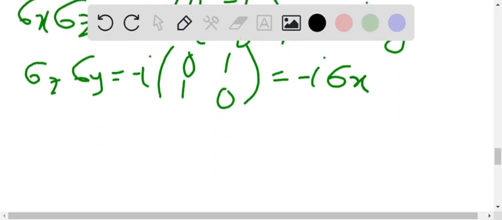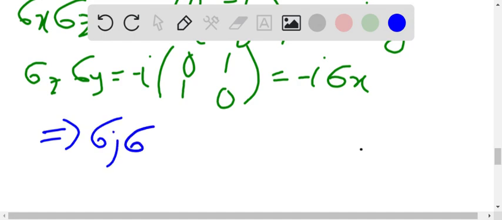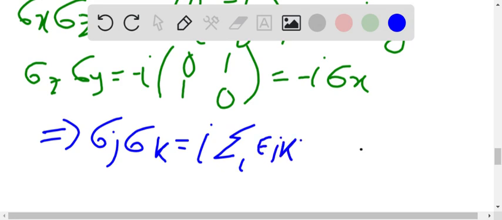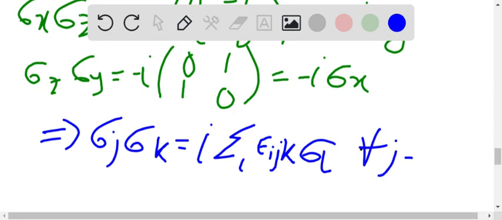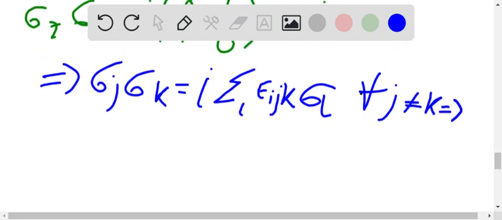So from here we can deduce that sigma j times sigma k is equal to i epsilon i j k times sigma l for all j not equal to k, and this implies that, I'm running out of space over here, so I'm going to write it over here.